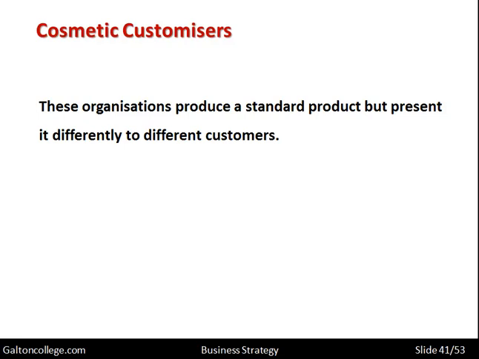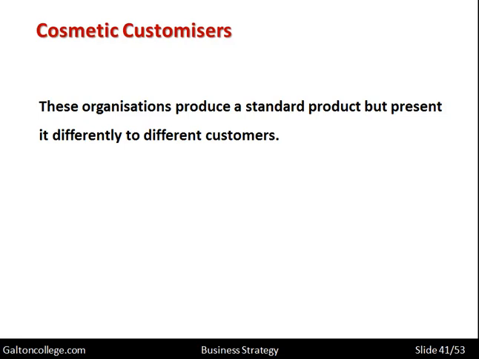So it may just look slightly different. It may be dressed up differently, but it's the basic product. It just so happens that in one place it's more expensive than in the other place. It's customized, but it's cosmetic. It's not really different. It's essentially the same product.